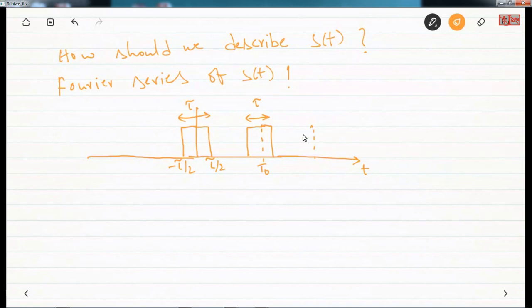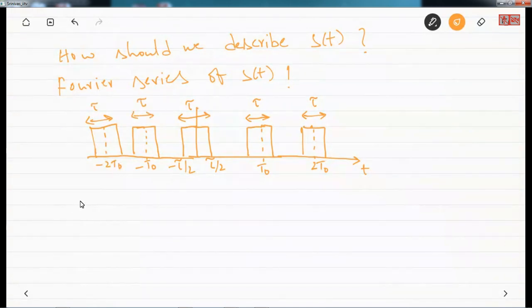Again, this duration is tau. Minus 2t naught, and so on and so forth. So this is tau. I'm sure you must have solved this. If this is the signal, what is the Fourier transform of such a signal?